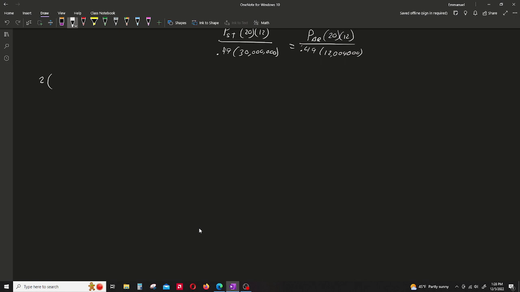So we'll do the steel, and in order for us to do that, we'd have to bring our 0.49, 30 million over to the other side, multiply all that stuff there, and then divide that by the 20 and the 12, and then we end up getting 2.5 P bronze.